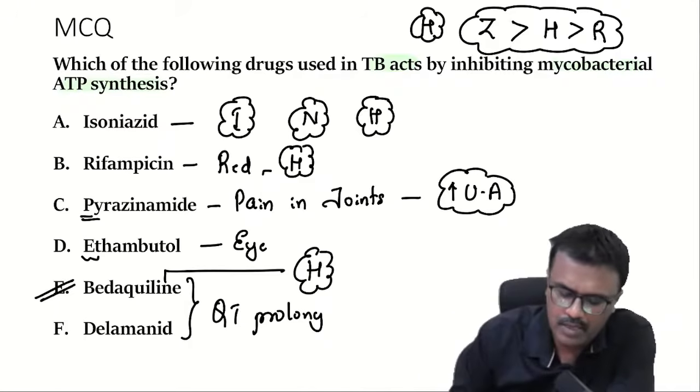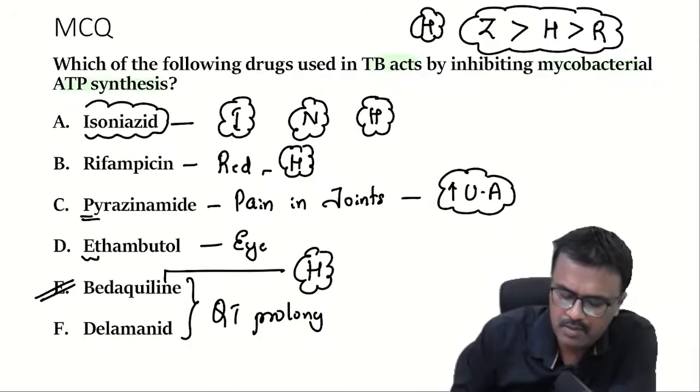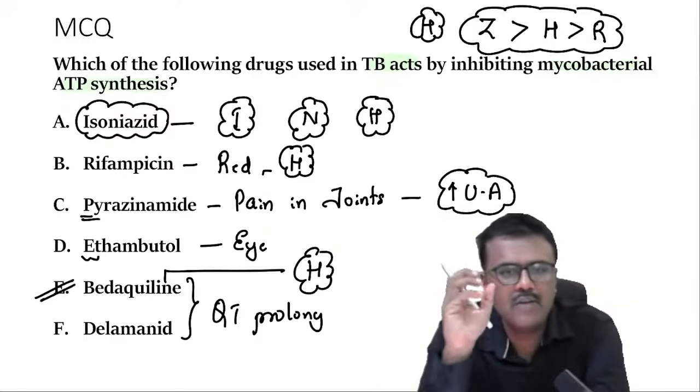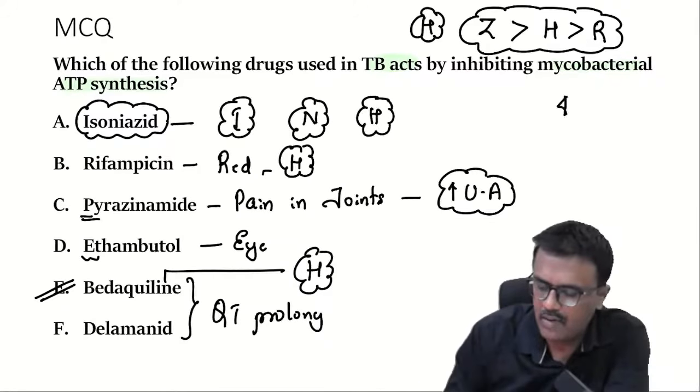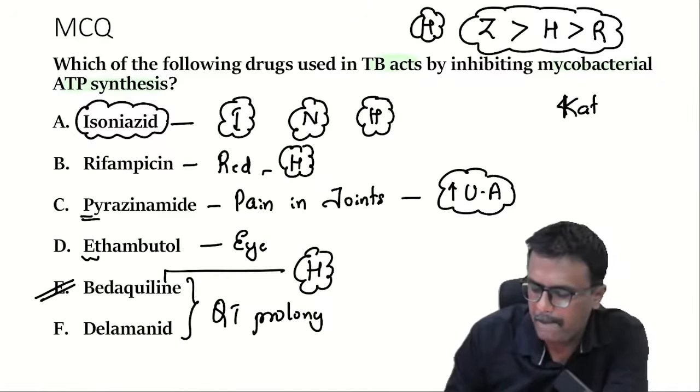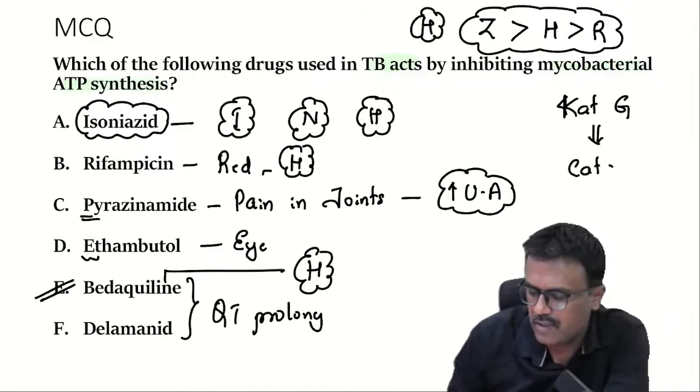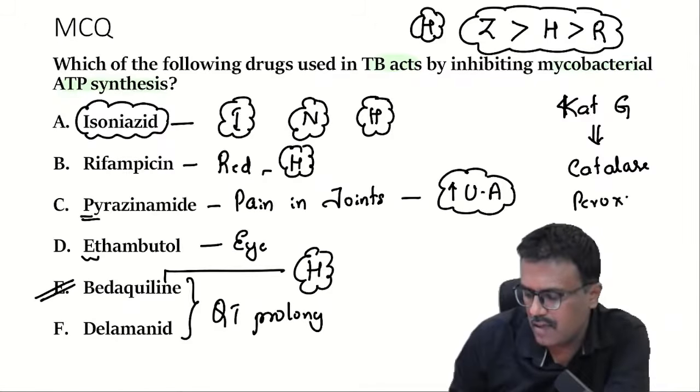Now isoniazid, why does isoniazid develop resistance? Because isoniazid enters the bacteria. In the bacteria there is a gene called KatG gene. This gene codes for catalase peroxidase, and this will make isoniazid active.